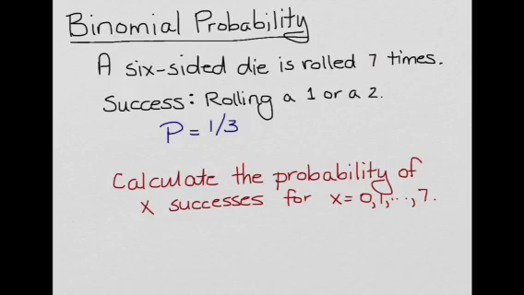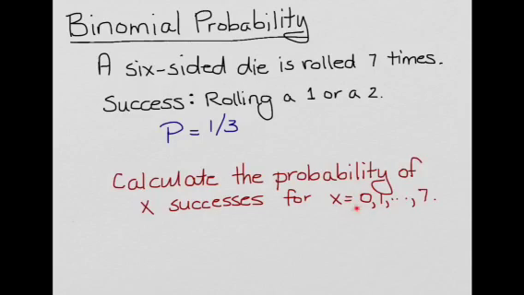So now we're going to calculate the binomial probability of x successes, and we're going to let x take on every possible value, which is everything from 0 up through 7, because we're rolling 7 times. So maybe you never get a 1 or a 2, right? You could roll 7 sixes. Who knows? It's possible.